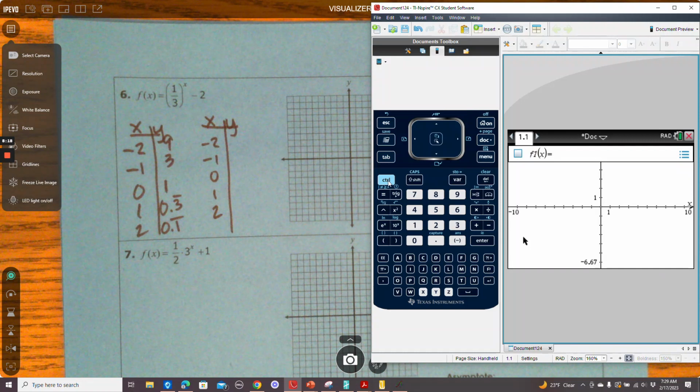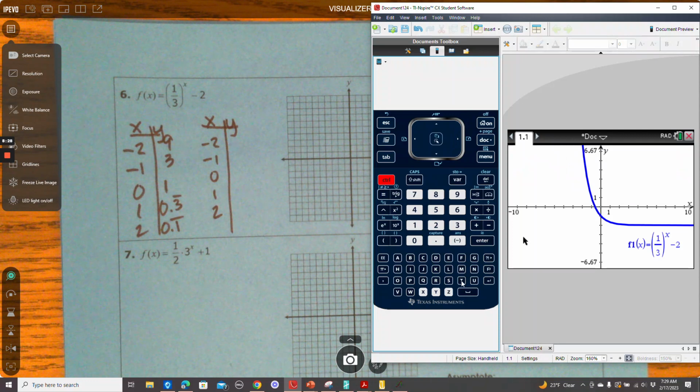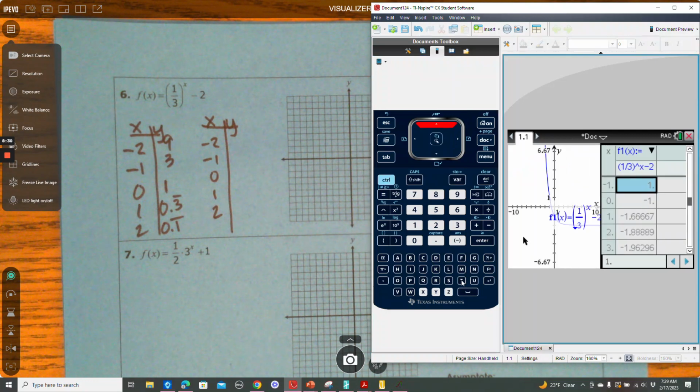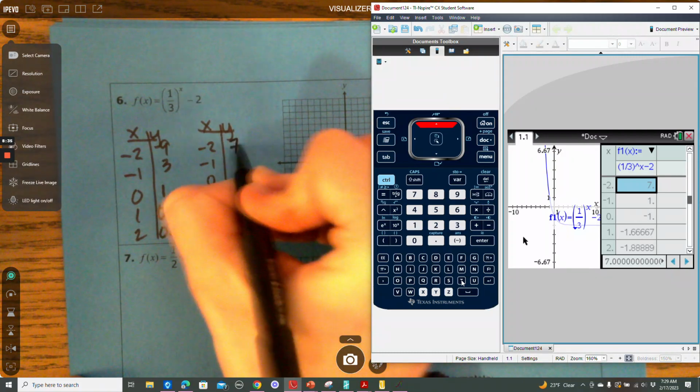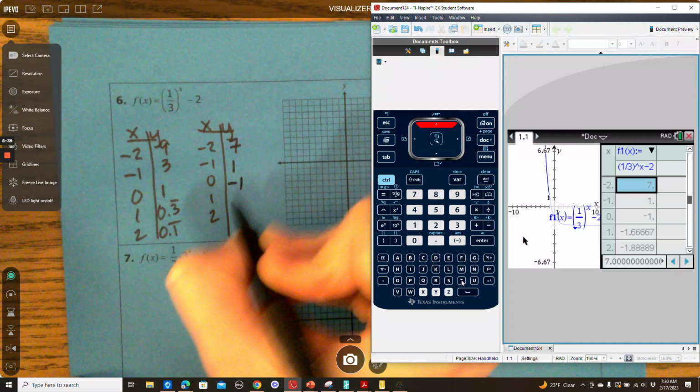So if we do (1/3) to the x minus 2, okay, so my negative 2 value is now 7, sorry. 1, negative 1.